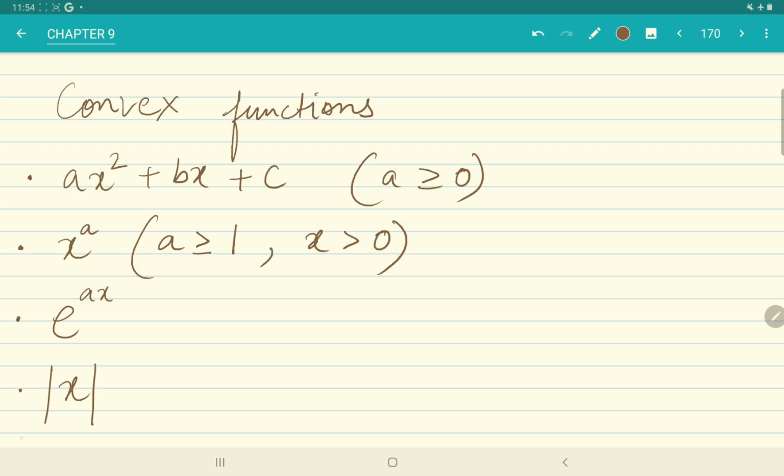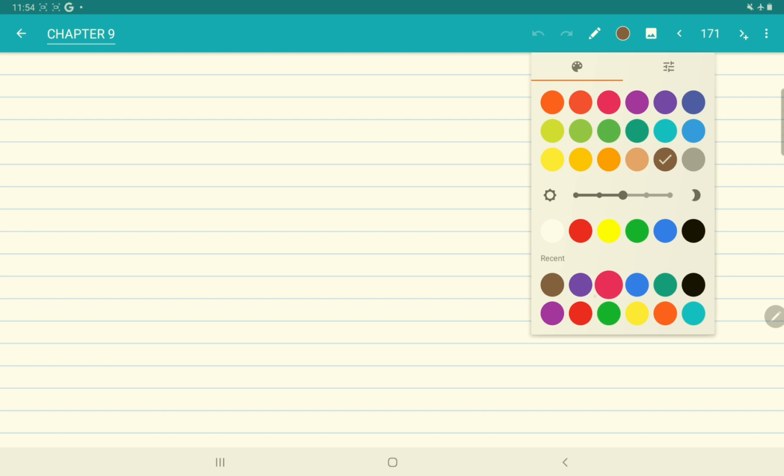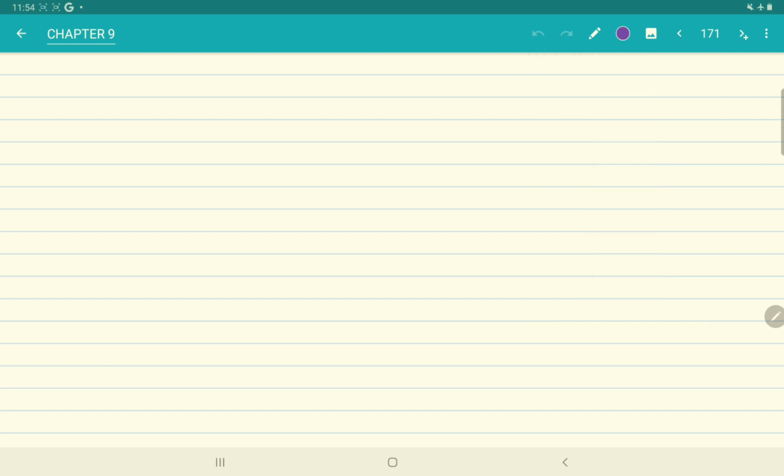One more point, and that is the fact that if you take up a non-negative linear combination of concave functions, that's going to be concave. Or if you take up a non-negative linear combination of convex functions, that will turn out to be convex.